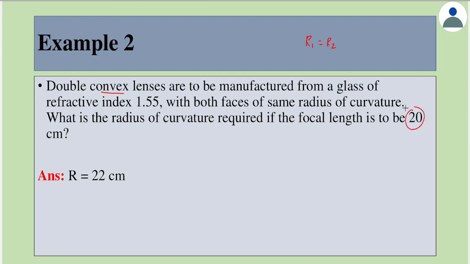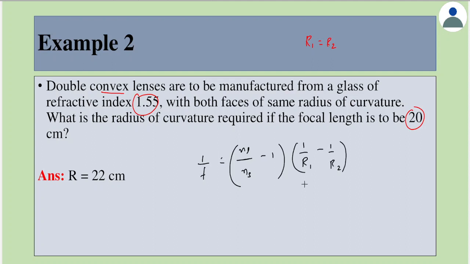So here f is given, and also the lens refractive index is given as 1.55. The question asks what R1 or R2 would be, because both are equal. We know from the lens maker's formula that 1 by focal length is equal to n for lens by n for surrounding minus 1 into 1 by R1 minus 1 by R2.